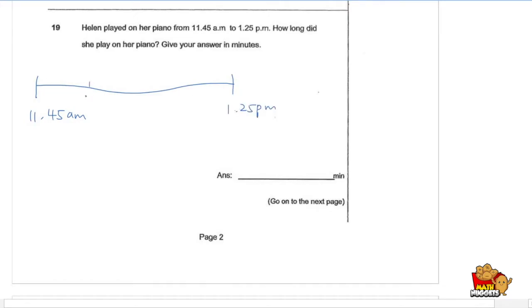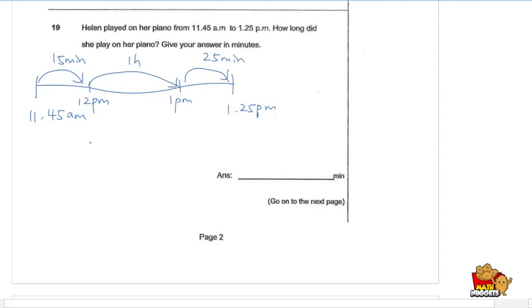Okay, so let me count to the next hour. So 11:45, the next closest hour is 12 p.m., 12 noon. This is 15 minutes. So from 12, you can count to 1, which is 1 hour. 1 p.m. here. And from 1 p.m. to 1:25 is 25 minutes.